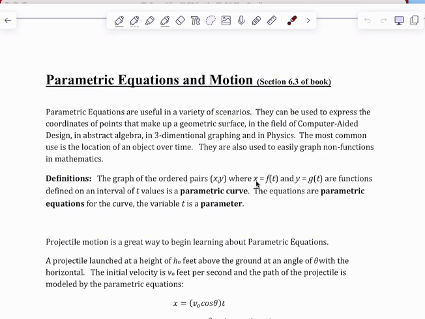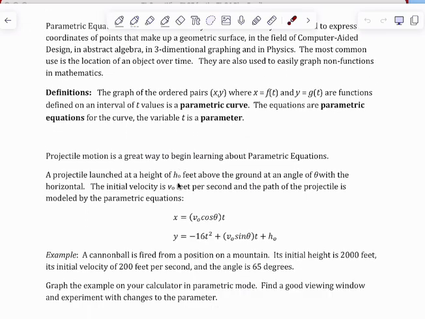So now, instead of thinking of x as the input and y as the output, you're going to have this new value t that's the input, and you have two outputs, the x value and the y value. We call the interval of t values the interval, and we call t the parameter. You can read this again when it's all said and done.